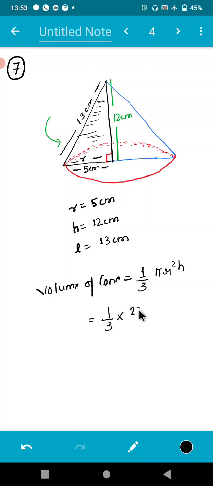Pi is 22 by 7, and r is already given, 5. 5 into 5, and h is 12. So if you solve this, you will get the value as 2200 by 7 centimeter cube. So this would be your final answer.